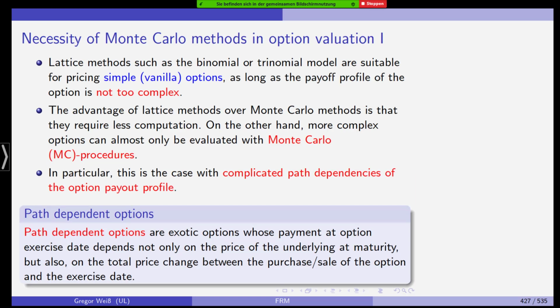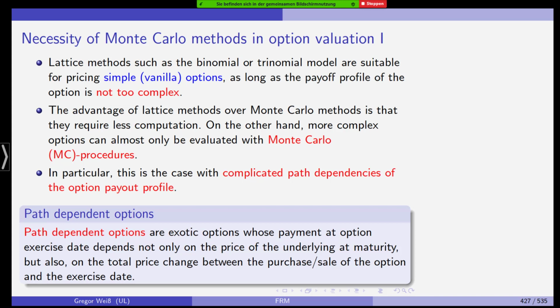So again, why do we need Monte Carlo methods in option valuation? All these methods, like for example lattice models like binomial, trinomial, are suitable for pricing simple, plain vanilla options, as long as the payoff profile of the option is not too complex. If it's a plain vanilla option, you can already probably use the analytical pricing formula from the Black-Scholes model.